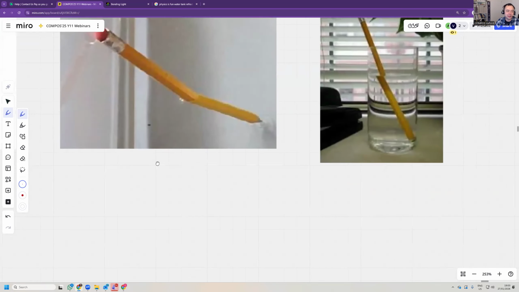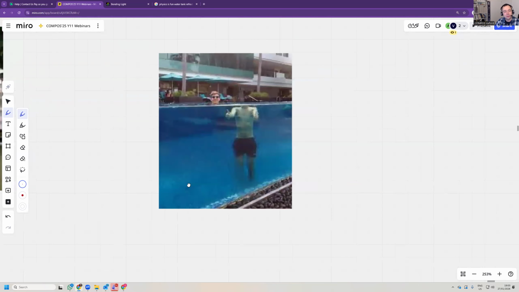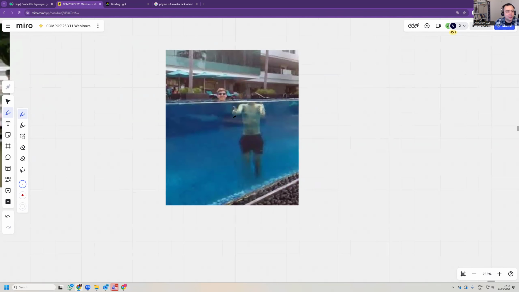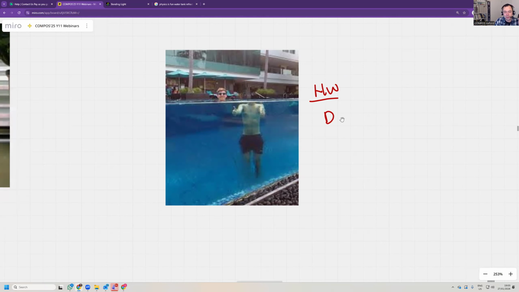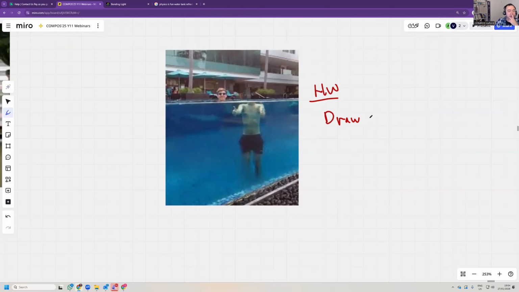So let's come back to the pencil. I'll leave it to you to draw the ray diagram for this situation. So homework: draw a ray diagram explaining the observation.